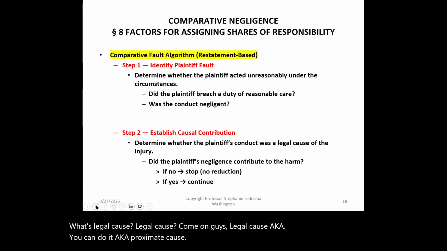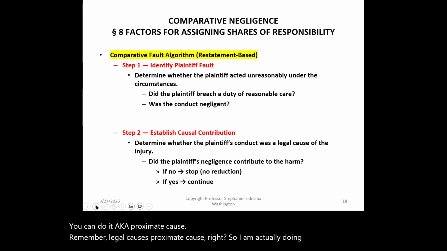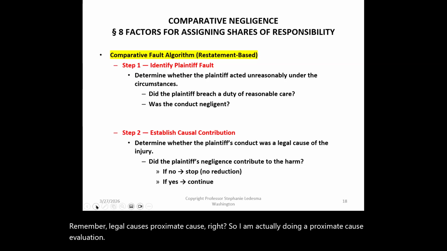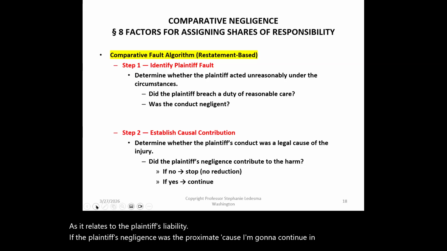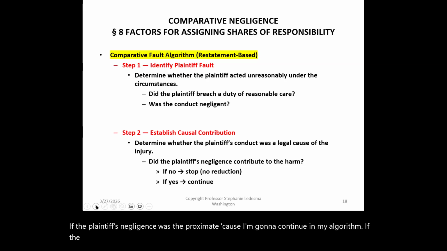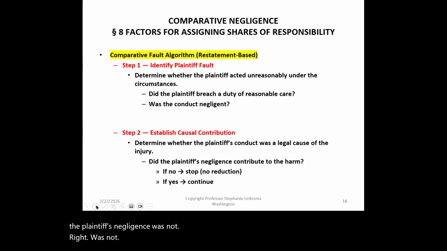Remember, legal cause is proximate cause, right? So I am actually doing a proximate cause evaluation as it relates to the plaintiff's liability. If the plaintiff's negligence was the proximate cause, I'm going to continue in my algorithm. If the plaintiff's negligence was not a legal cause, then the plaintiff's proportion is not going to be reduced.